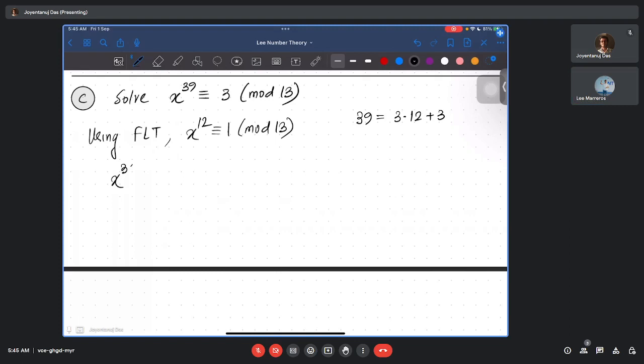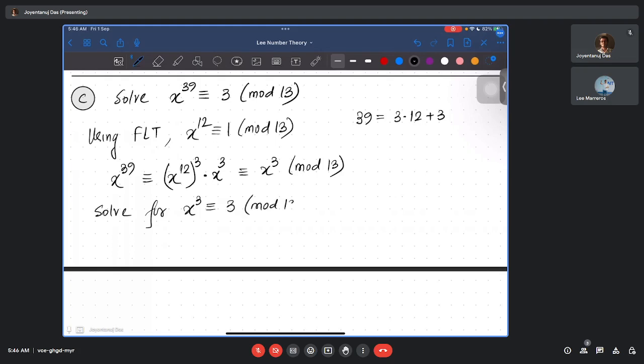So x power 39 is x power 12 whole cube times x cube. That will boil down to x cube modulo 13. So eventually we have to solve x cube is congruent to 3 mod 13.